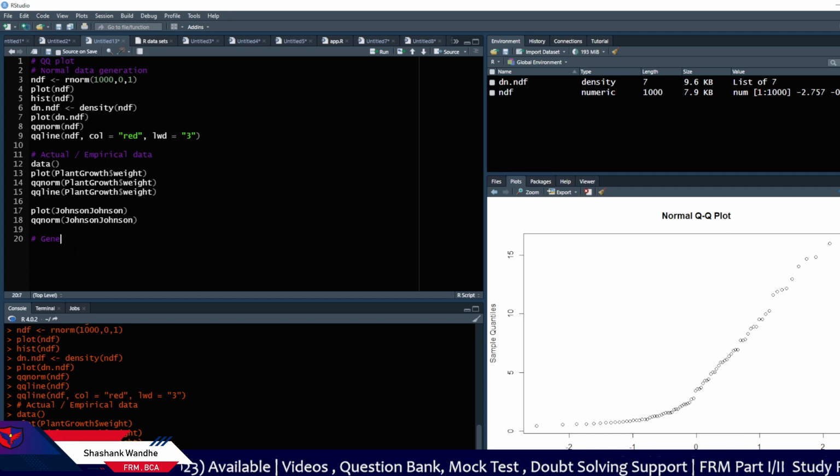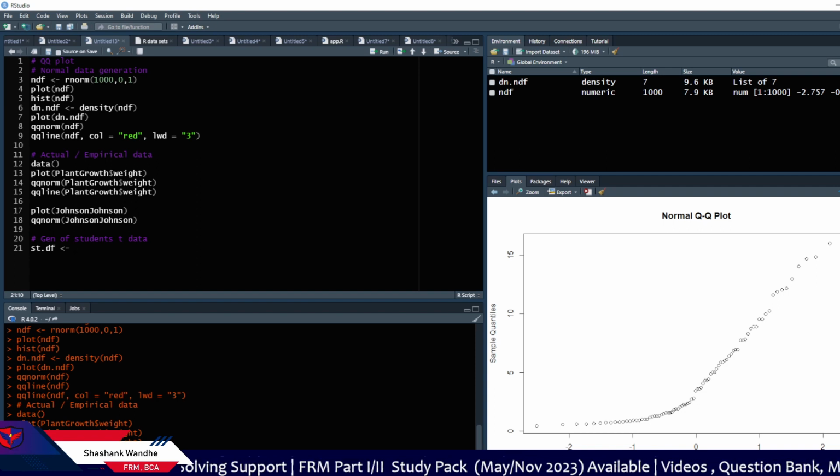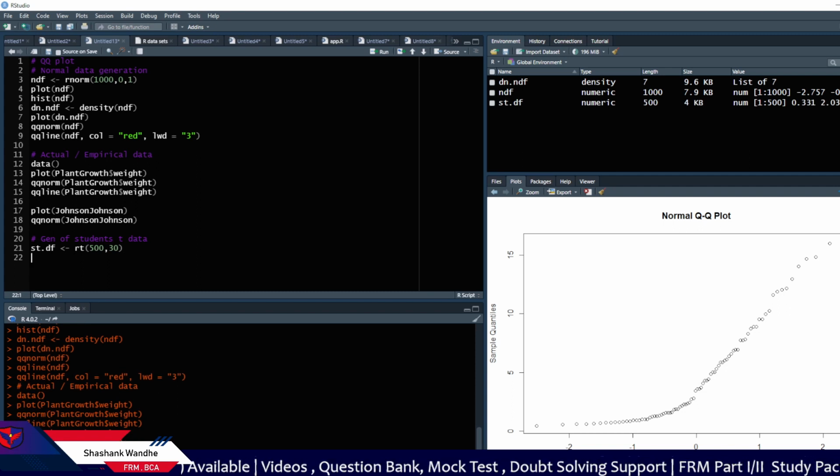First we will start with generation of Student's t data, and we will store it in st.df, just for reference. The function we are using here is rt. We have to select the total number of observations, we want 500 observations, and degrees of freedom, because Student's distribution is based on degrees of freedom. So here we will take degrees of freedom equal to 30.